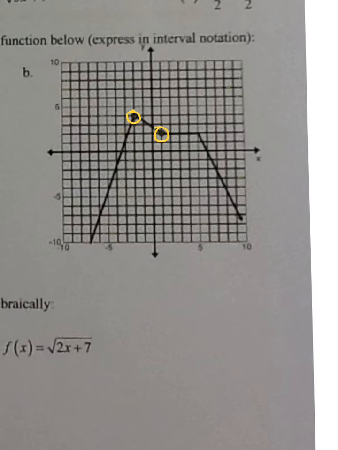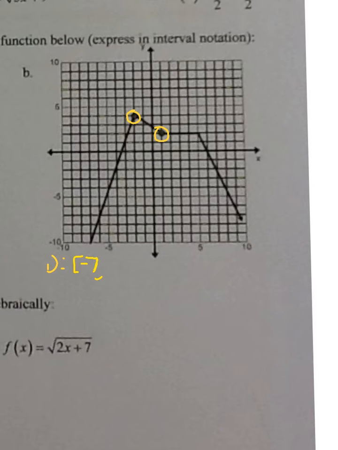So let's start with the domain. So my domain starts here, right? It doesn't go any further left than this. So this is negative 7 here. And it's including negative 7 because there's no open circle. So it's bracket, negative 7, comma.